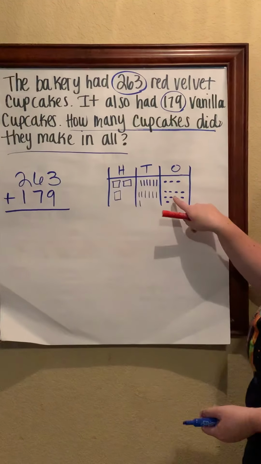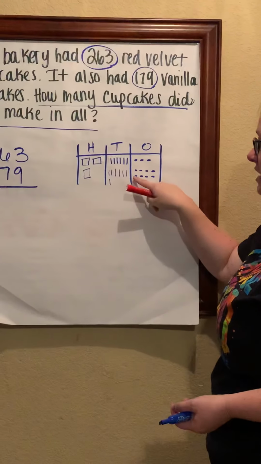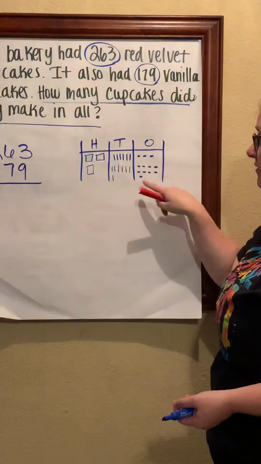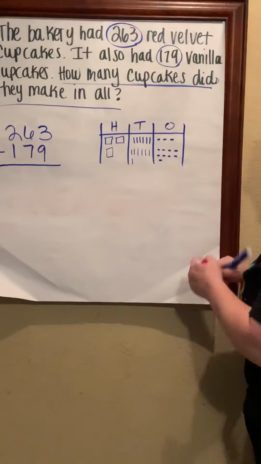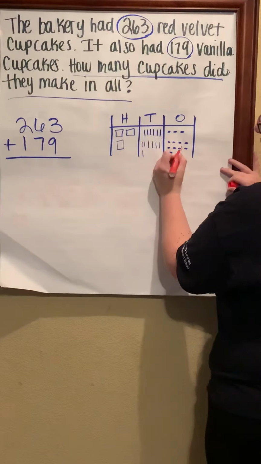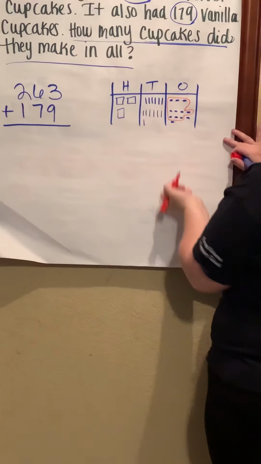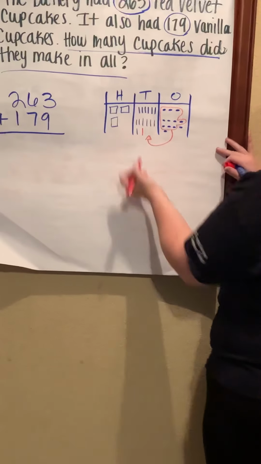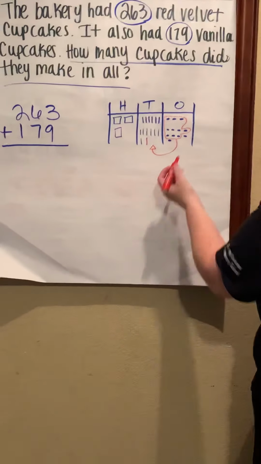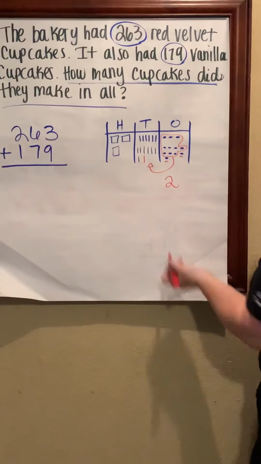And I know that I have 12 in the ones place. I know that what I can do is I can circle 10 of these, put them over in the tens place and add them there. That leaves me with 1, 2 left over.